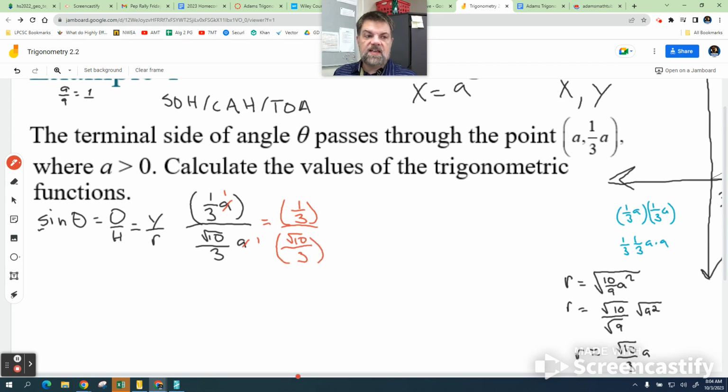Well, this is the same as 1/3 divided by the square root of 10 over 3. So whenever we divide by a fraction, right, we multiply by the reciprocal, right? So the first fraction stays the same, and then we multiply by the reciprocal, right? So this whole thing becomes 1/3 times 3 over the square root of 10.